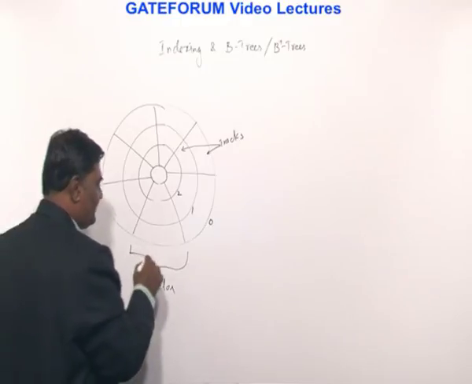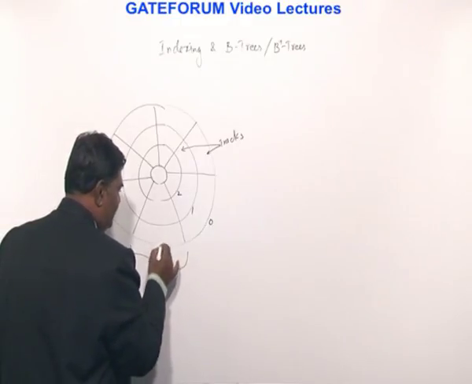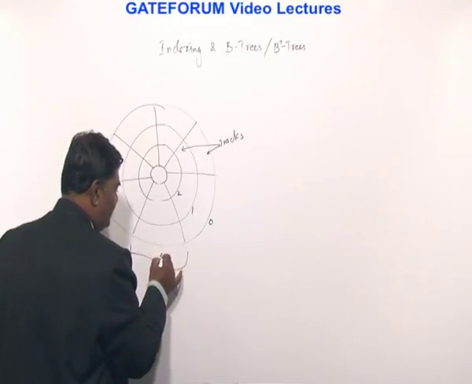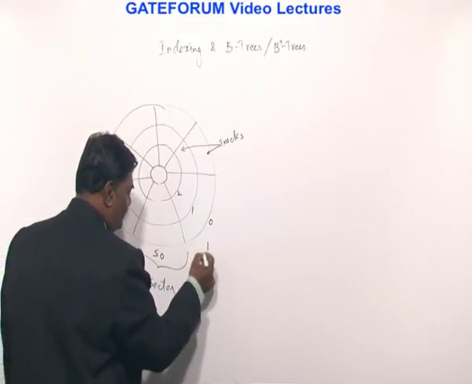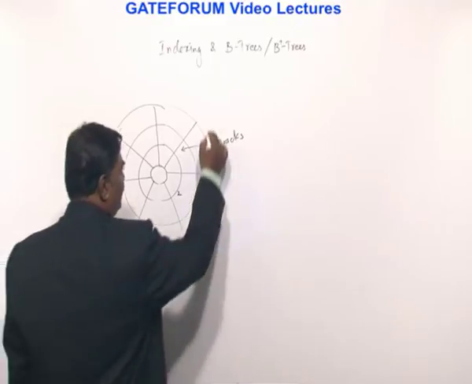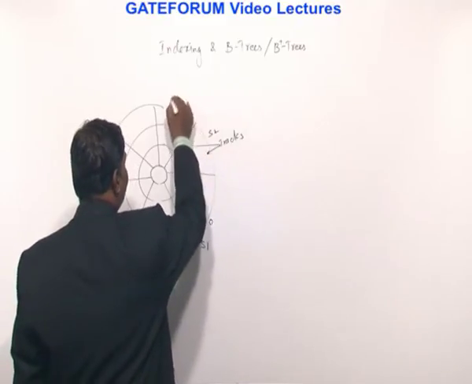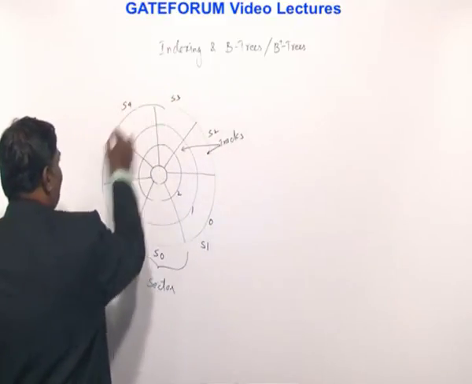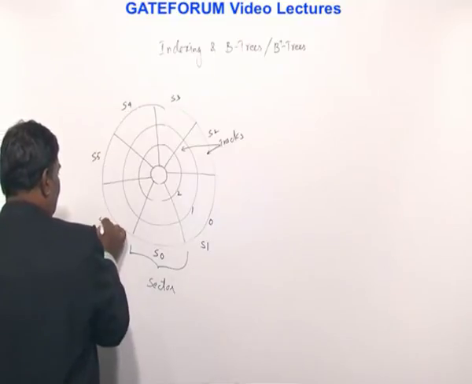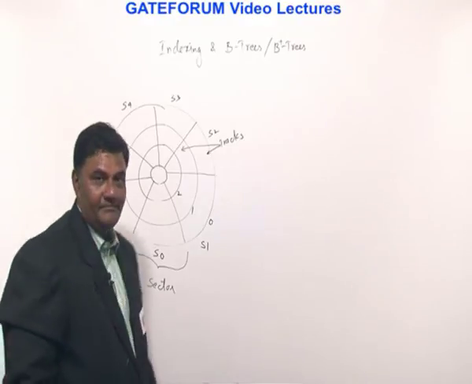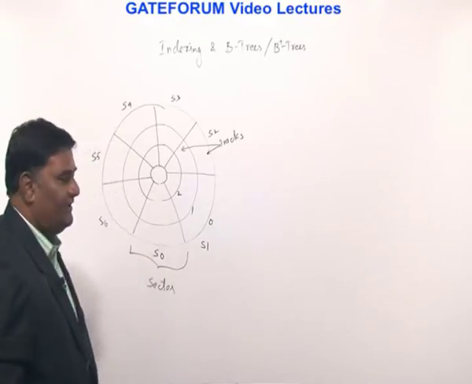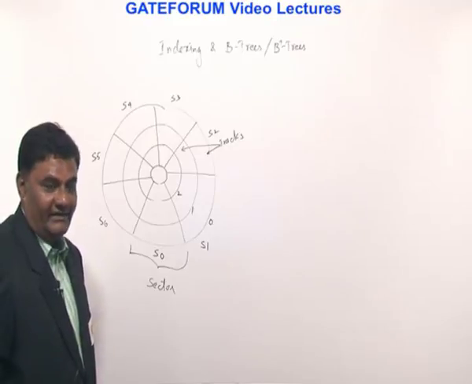Then we'll number sectors. This is sector 0 and this is sector 1. I'll write S0 to show this, then sector 1, sector 2, sector 3, sector 4. These are the sectors. So a disk is divided into tracks and sectors.